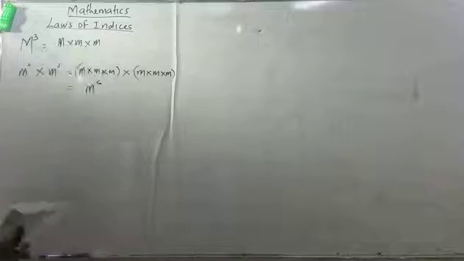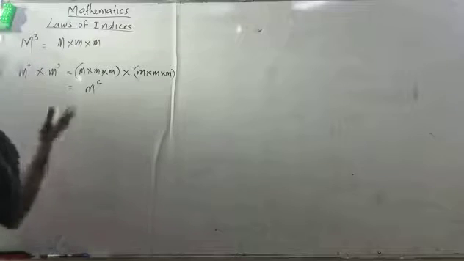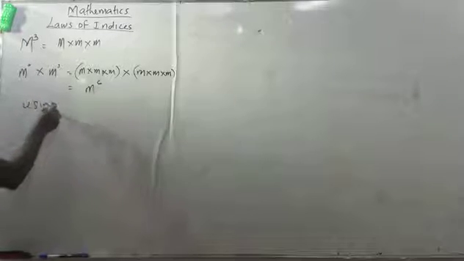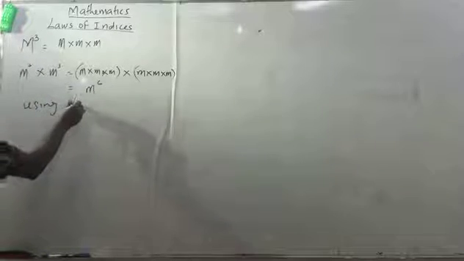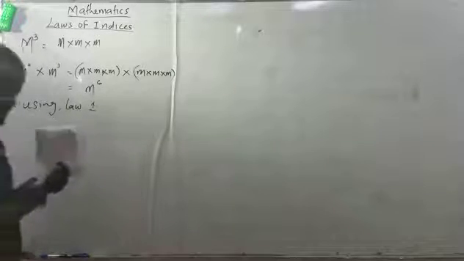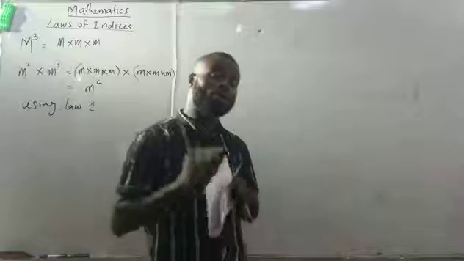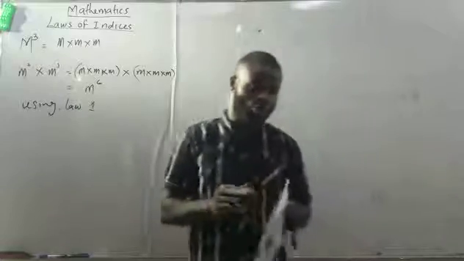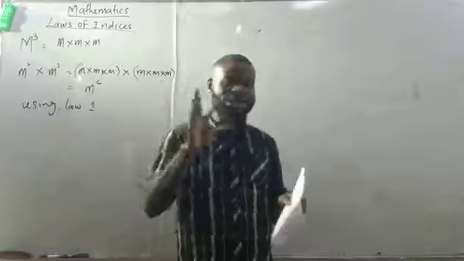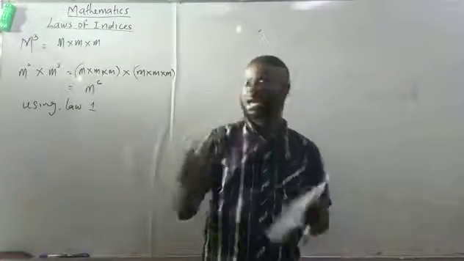But there are laws or rules that guide us in relating with indices. Now, law 1, which is the multiplication law. How do I use the multiplication law? Note that when you have the same number multiplying themselves, the power will be added.